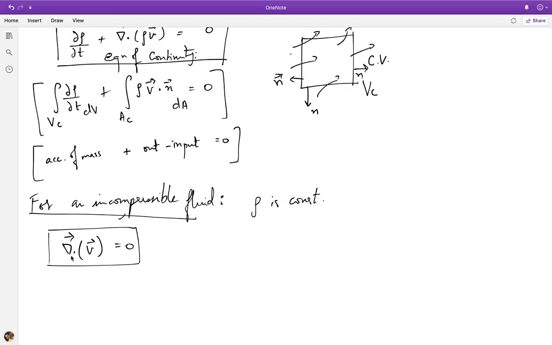Another way to understand why del dot V is 0 for such a fluid is to go back to the general equation of continuity and expand it out.